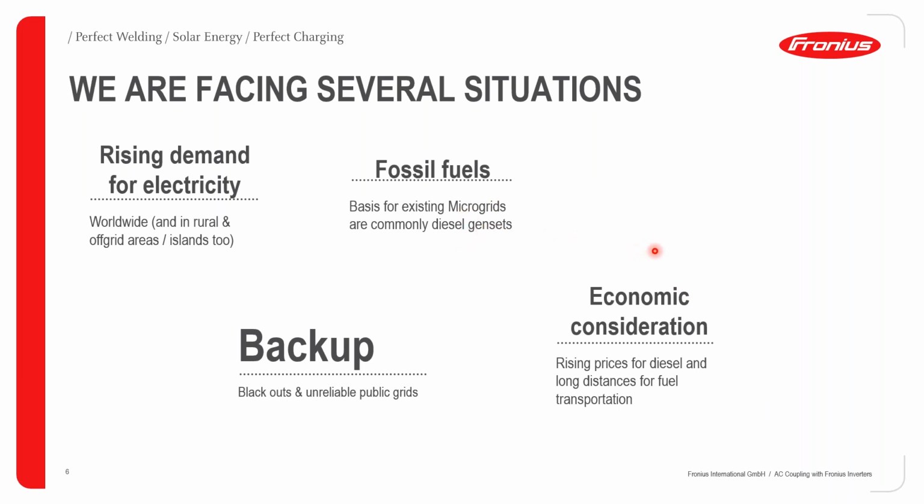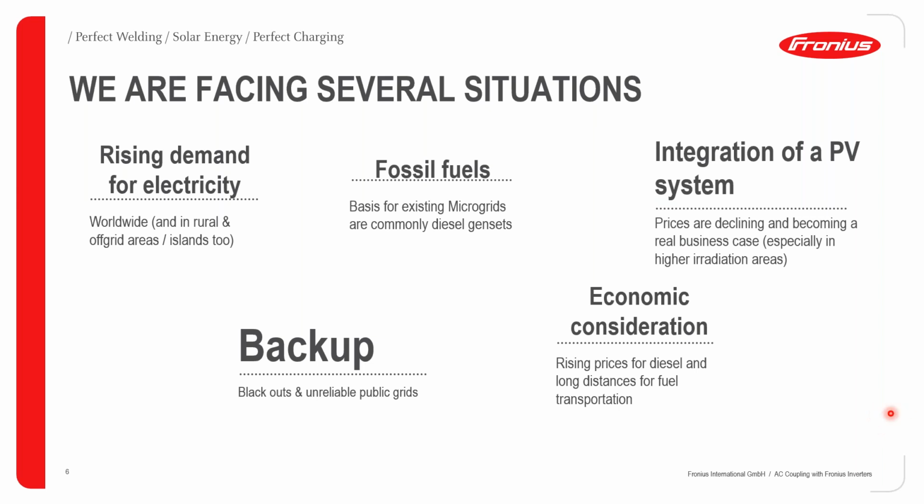The rising cost of fuel is a big concern, as well as the logistics of taking this fuel to these sites. Some of them are quite a distance away, and therefore those come with quite a big cost element.